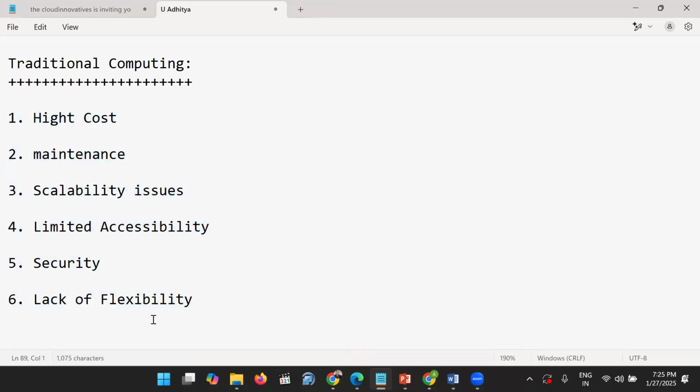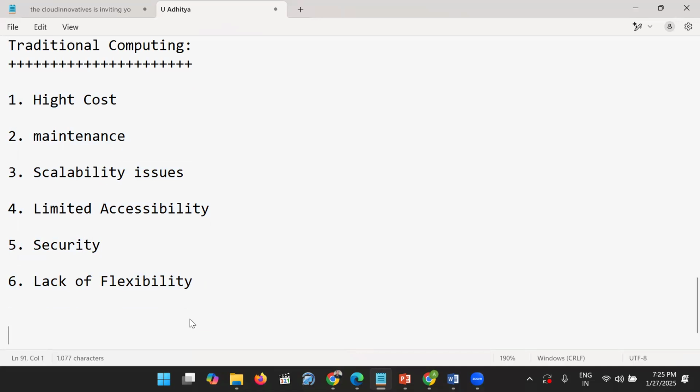Now, instead of that, you are using the cloud environment, cloud computing. So whatever issues are there, those issues can be resolved if we are using cloud computing. Sir, before that, what is cloud computing?